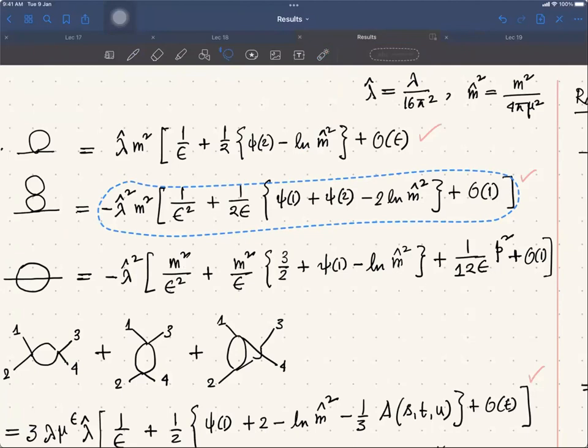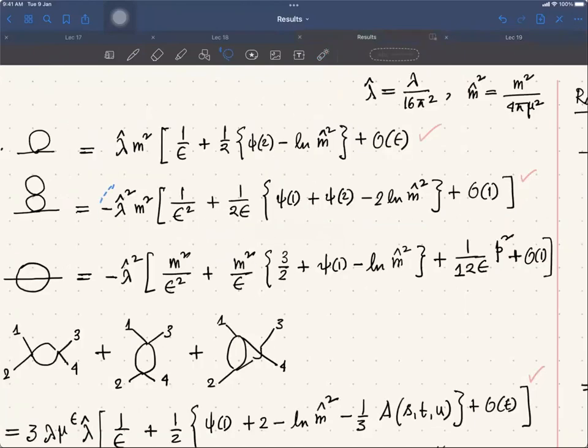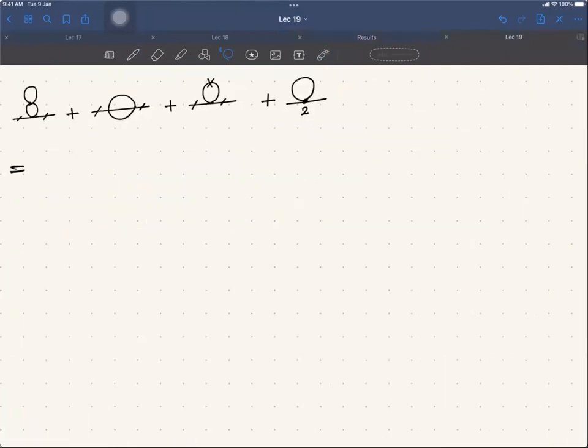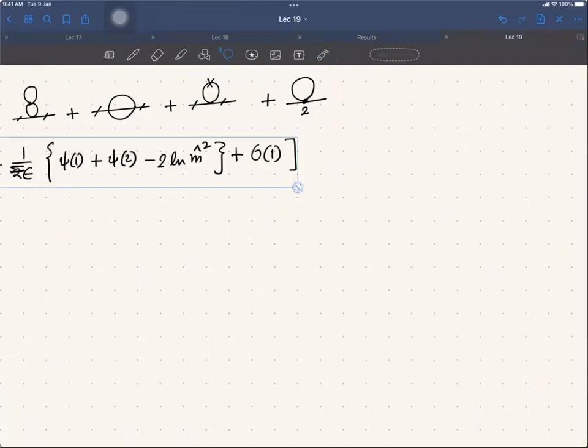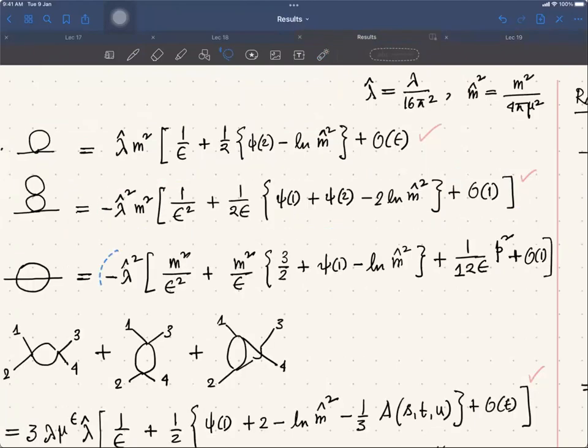Sorry, the first one I copied it wrong. This is not the result. This is the one loop result. This is the two loop result. This is this double scoop diagram. And then the setting sun diagram is this one.